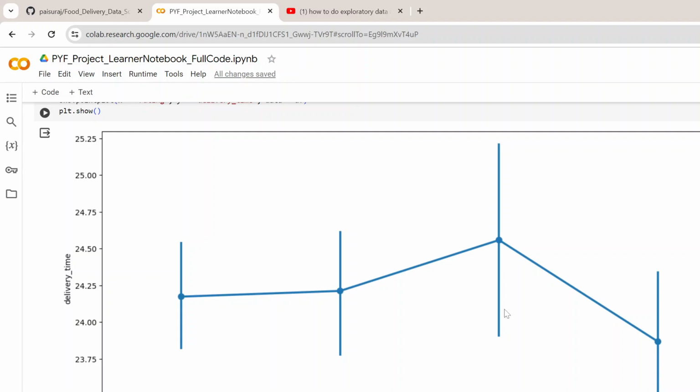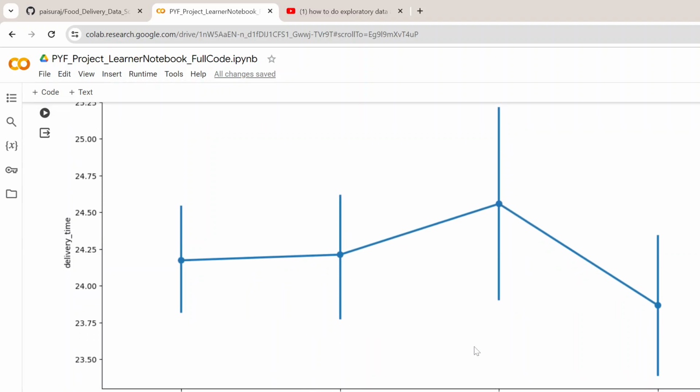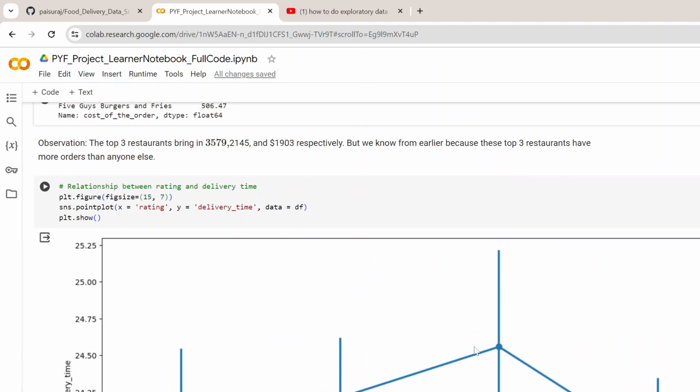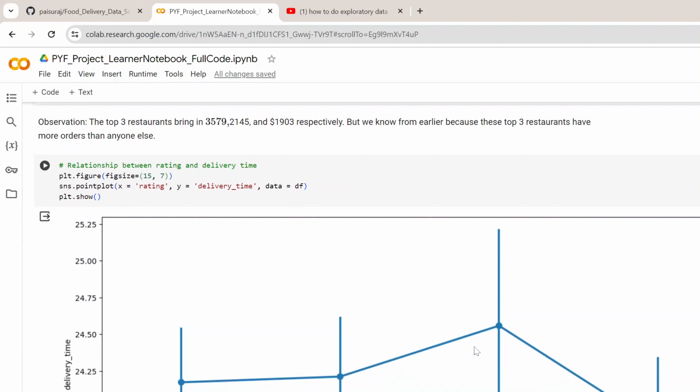Maybe that's making people upset, that if they're waiting 25 minutes, it's more likely that they're going to give a lower rating versus, let's say, 10 minutes. Oh, actually, it's not even that much different. If it's around 24, people might not give it a rating, or sometimes they'll give it a 5. So this is interesting to see from a visualization point of view.